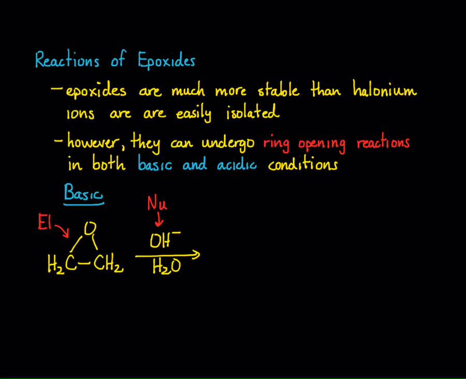Well, the oxygen withdraws electron density away from the carbons, and the carbons become then electrophilic in nature, so that my hydroxide ion can attack one of the carbons, and obviously in this case it doesn't matter which carbon. We're going to see later on that when you have an asymmetric or unsymmetric epoxide, it will matter.